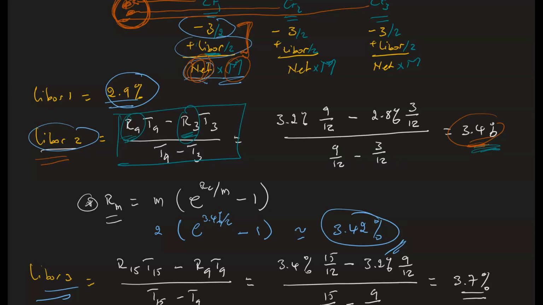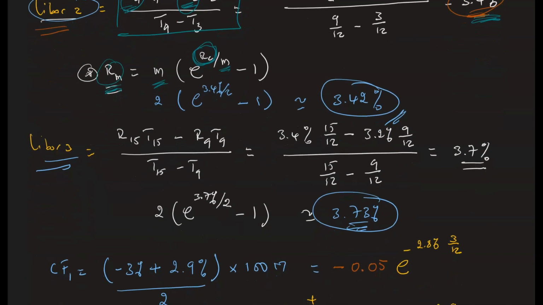We need to convert that to quarterly compounded or semi-annually compounded in this case, because the LIBOR rate are semi-annual compounding, not continuously compounding. And so our conversion utilizes this expression where we have the number of compounding period, we have our continuously compound rate, and the number of compounding period again.